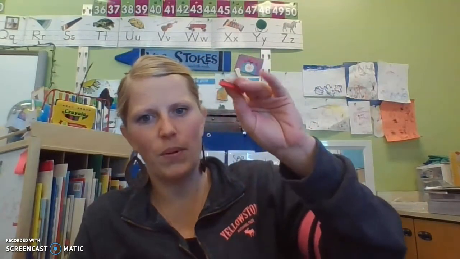Okay. Now, there are also some shapes that are kind of funny that don't have any sides or any vertices, right? Those sides are those straight places between 2 vertices. So this shape doesn't have any sides, it doesn't have any vertices, and that is what makes it a circle.